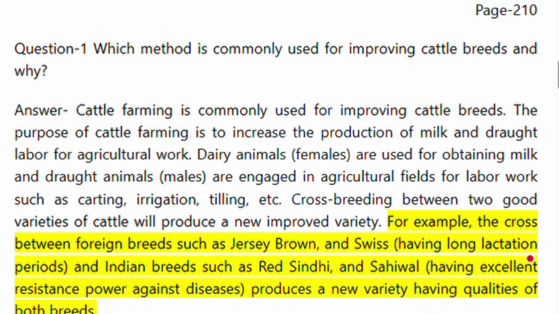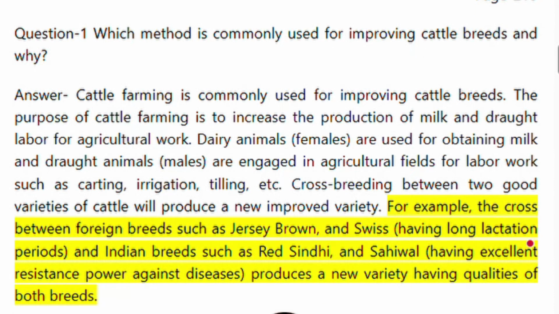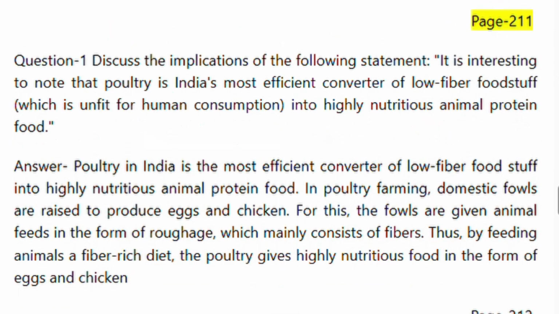For example, the cross between foreign breeds such as Jersey, Brown Swiss, having long lactation periods, and Indian breeds such as Red Sindhi and Sahiwal, having excellent resistance power against diseases, produces a new variety having qualities of both breeds. Page 211.